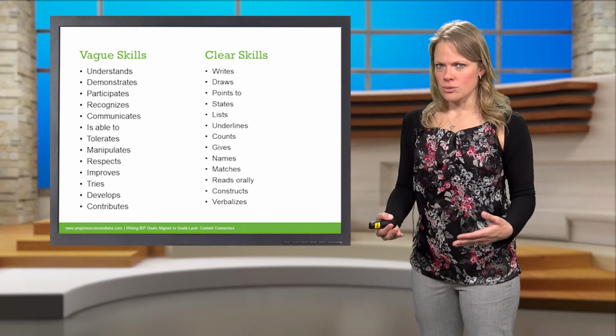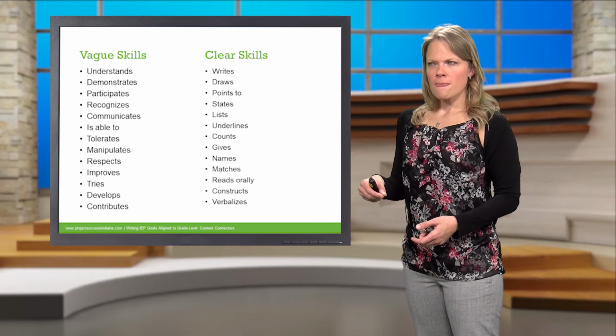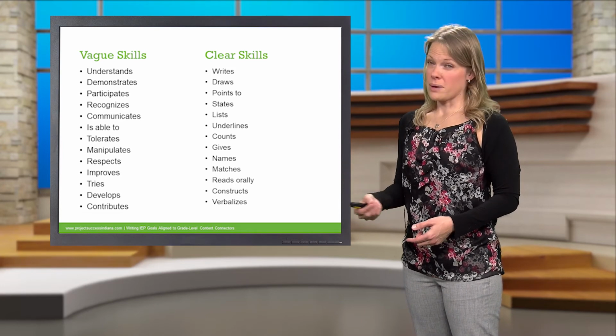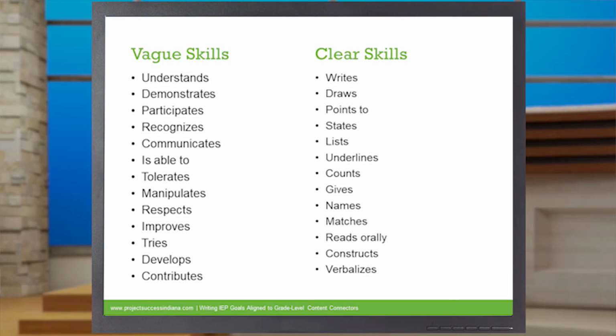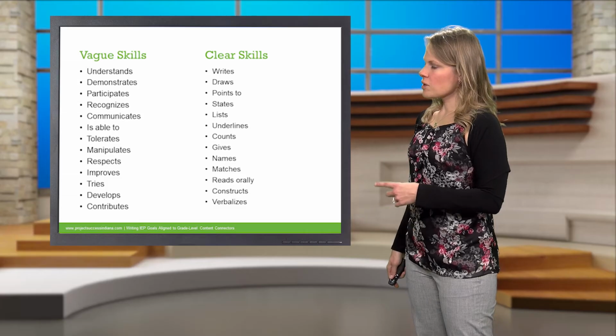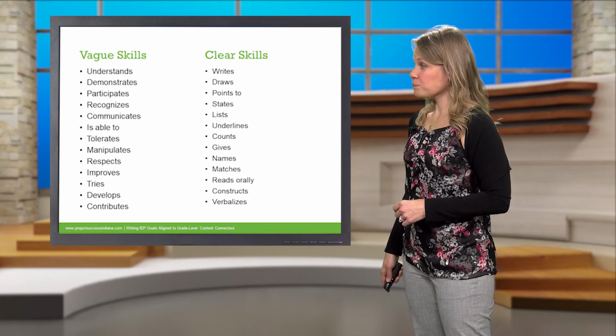How do we know if a student is communicating something? So that's an opportunity to be more specific. Are they communicating verbally? Are they communicating by pointing? You'll see there on the right-hand side, these are a little bit more clear. We can understand what it means when we say the student states something or the student matches something, right? That's a more clear skill. So think about using this slide as a reference as you're writing your IEP goals in the future.